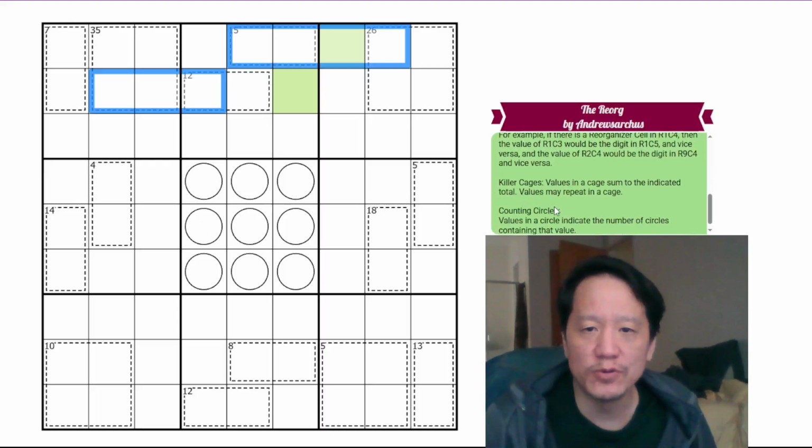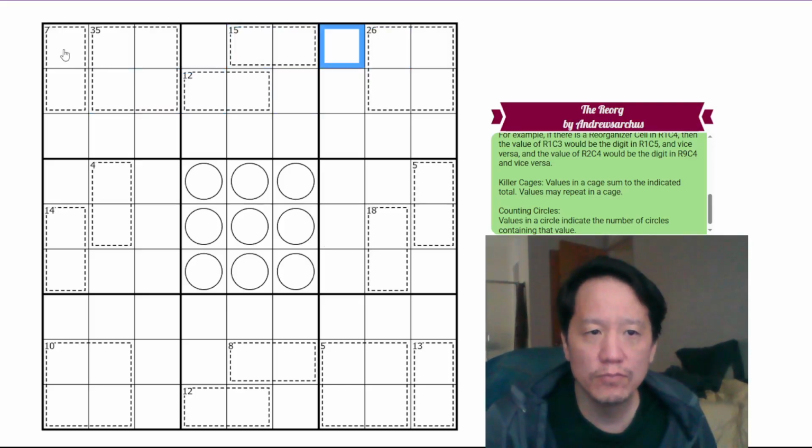So, for example, if there is a reorganizer cell in row 1, column 4, then the value of row 1, column 3 would be the digit that's in row 1, column 5, and vice versa.